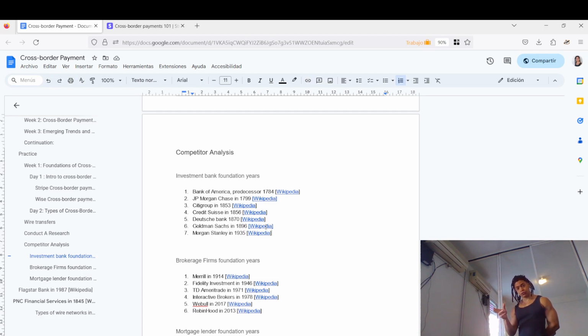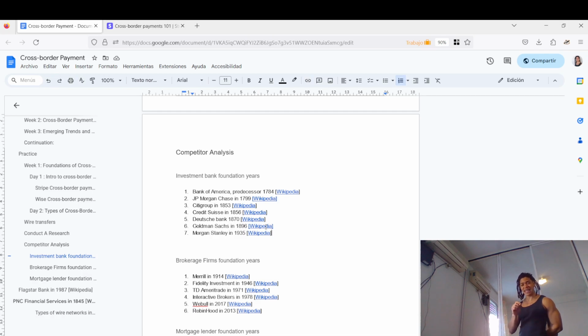Morgan Stanley to 1799. Citigroup to 1835. Credit Suisse to 1850.